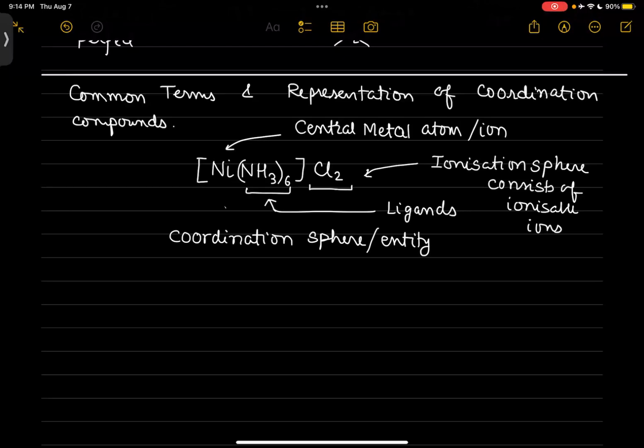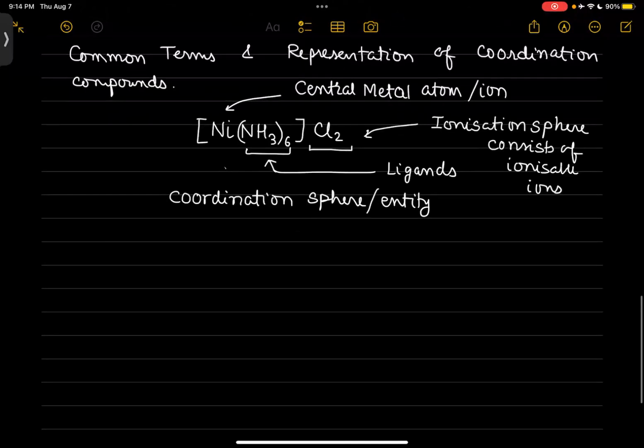So what is the definition? The coordination sphere or entity is everything which is retained in the square bracket. It includes the metal ion and the ligands. The ionization sphere consists of ionizable ions which can separate when put into water.